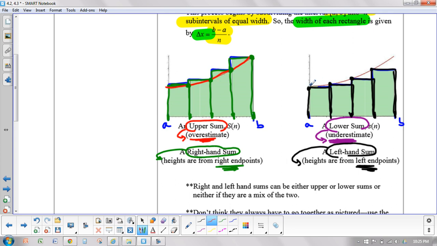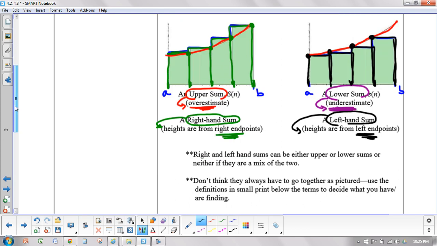But over here, here's our function. And when you're making your rectangle, you have both sides of it, the left side and the right side, and you decide, in this case to be a lower sum, you would go up until you meet the function on the left part of your rectangle and then go over. But you're going up to the function height at some point.